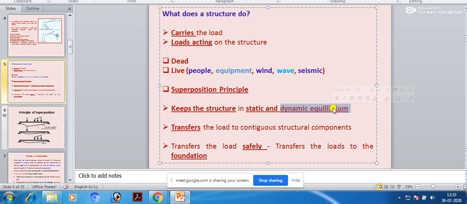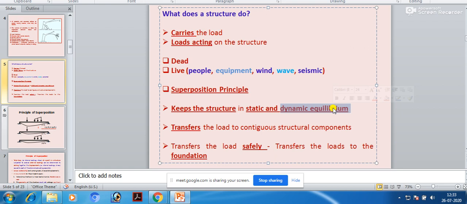So you will have to consider the structural safety from those loads. So static kinds of loads need to be considered, as well as the dynamic equilibrium. Dynamic equilibrium means the loads which are dynamic in nature.